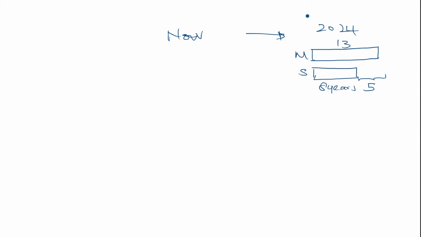So how old was her sister 2 years ago? Okay, we can calculate how old her sister is now first. Because here we add 2 years, so 2 years before 8 years old, her sister now is actually 6 years old.